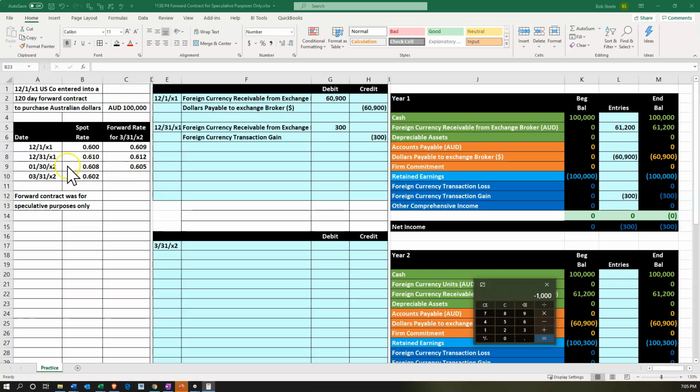Now we're skipping down here to this 0.602 on 3/31. So we were at $1 Australian dollar equals $0.612. Now $1 Australian dollar equals 0.602. So the Australian dollar is now worth less in US dollars. We get less US dollars.